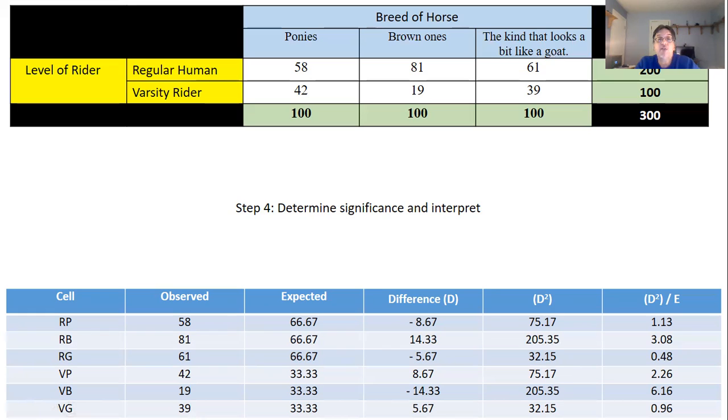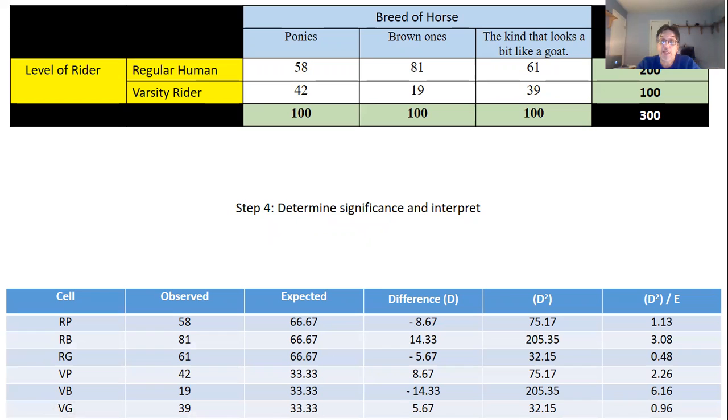And then divide this value, the d squared, by the expected, 66.67, and that gives us 3.08. Okay, so the next step would be to sum that last column up. Again, I stopped here and turned this into step 4, simply to make sure that you have these values right before you add them up. If everything looks good, go ahead and solve for chi-square, which is again the addition of this last column.